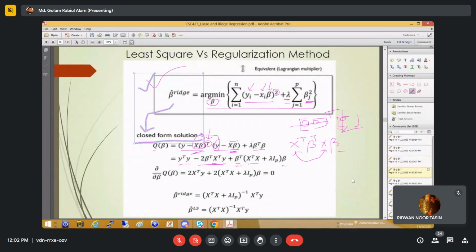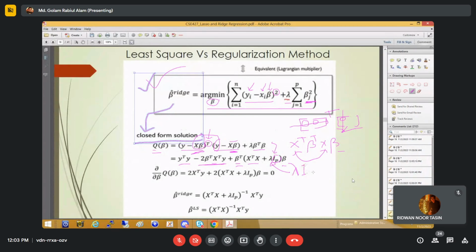We can take the common between these two, because here is the β transpose β and here is the lambda. But in this case, we will not use the lambda alone. To form the closed form, we have to add something. This is called the identity matrix. So instead of just using this lambda, we have to add this identity matrix, that is lambda times the identity matrix.